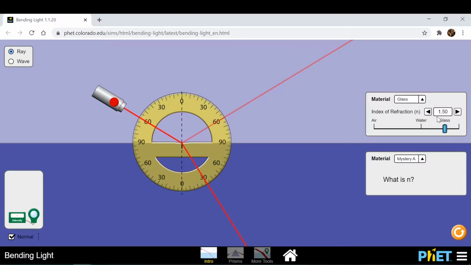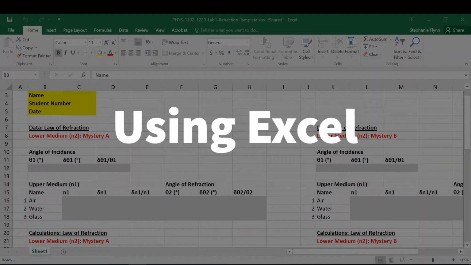Once you've collected all of your data for mystery material A, then you're going to repeat the process using mystery material B. So we'll go back to air, and the lower medium is mystery B.